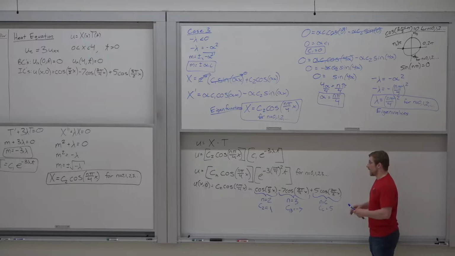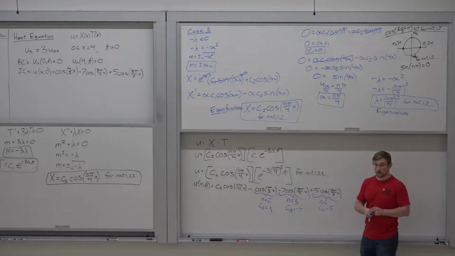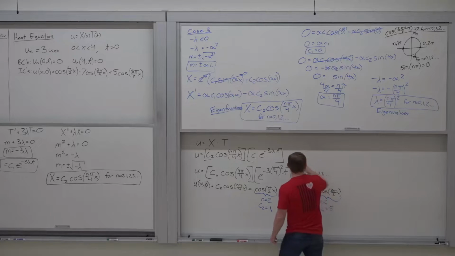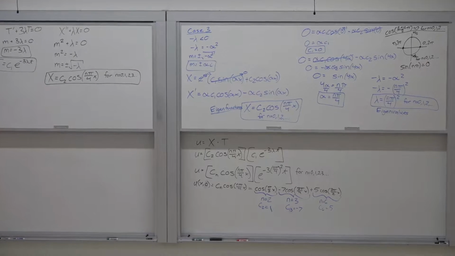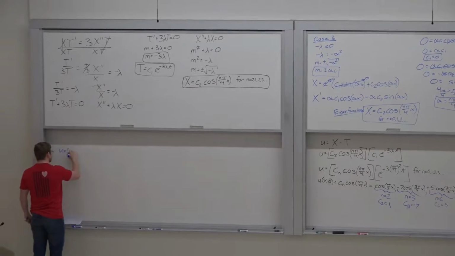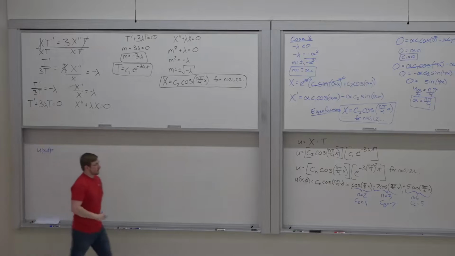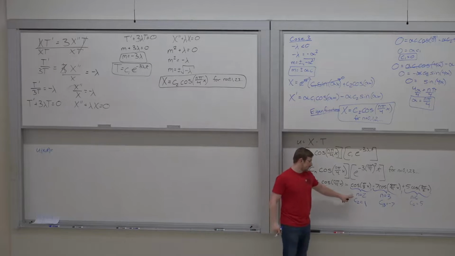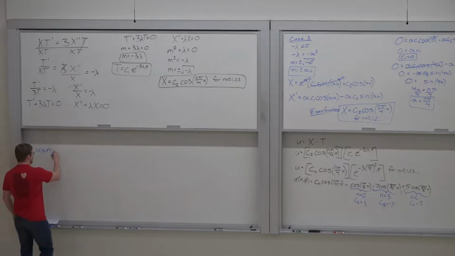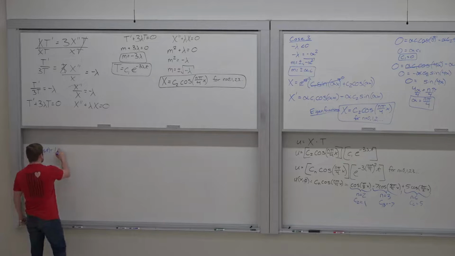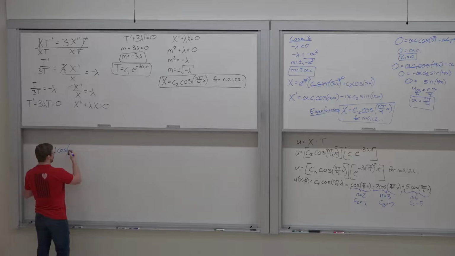Cool. So now, let's take these initial conditions, plug them into our u, and then we're done. I'm going to do it over here so I have enough space. So I have u of x and t is equal to, instead of c sub n, I'm going to take my first n term, which is n equals 2, and I'm going to say that for my n equals 2 term, I know that I have the coefficient of 1, times cosine of n pi over 4 x, but instead of n, I'm going to write 2.